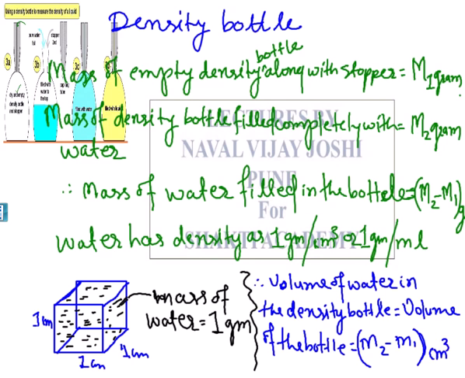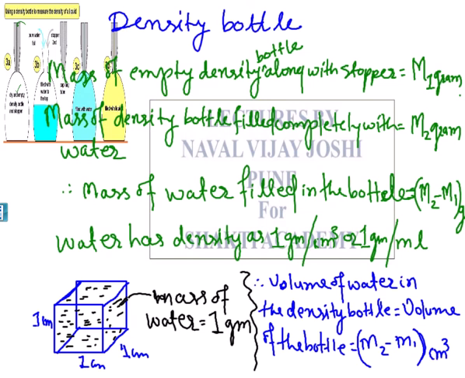So, without measuring the volume of the density bottle, you could easily find out its volume just by knowing the mass of the water which is completely filled in that bottle. In this manner, we obtained the volume of water, indirectly the volume of the bottle.